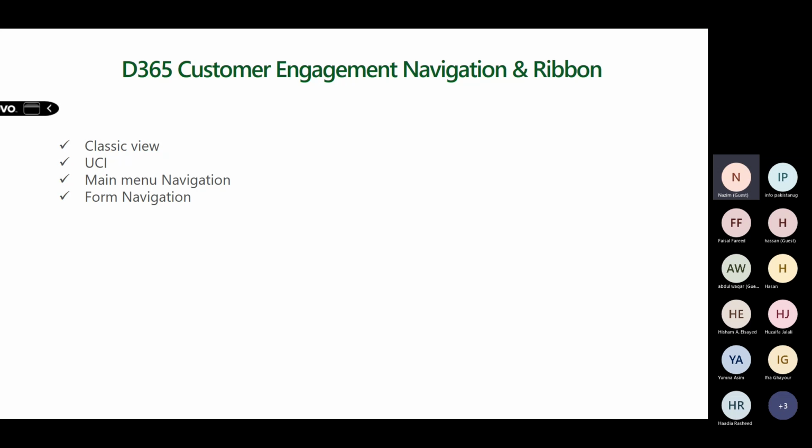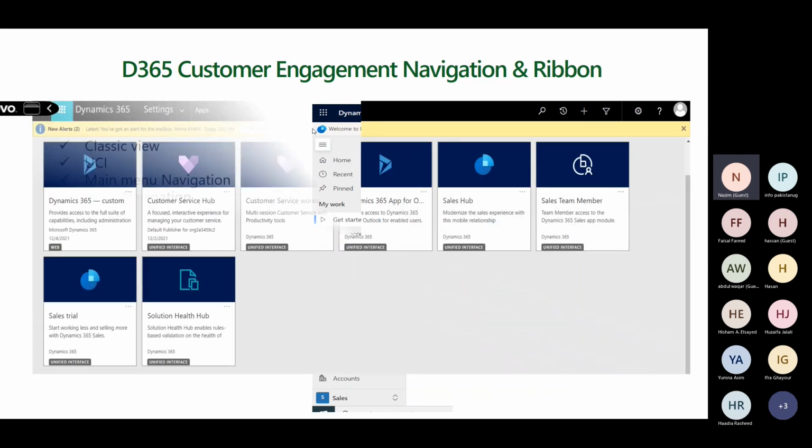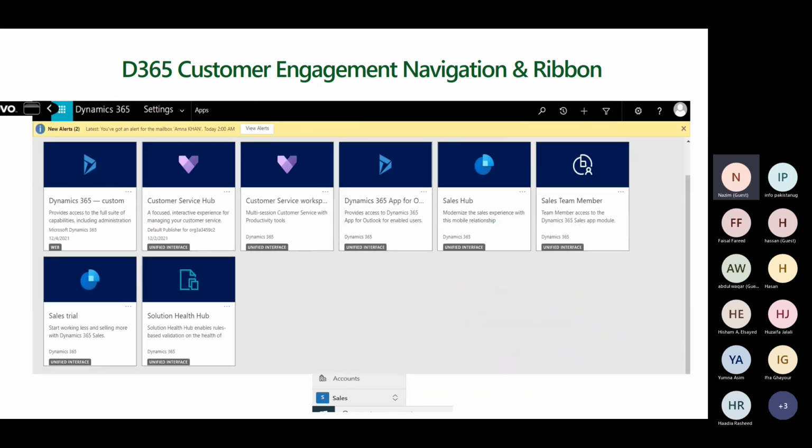This is the most recent, so I am going to show you the UCI in this session. Then we will look at some main navigation, and then we will see how we can navigate through a form and how we can customize it. Here you can see a few screenshots of how this complete application should look.